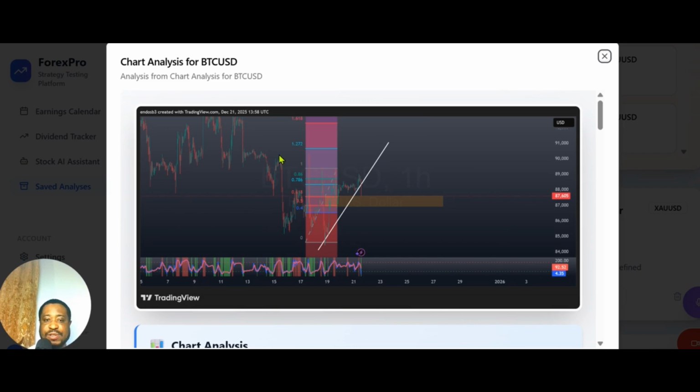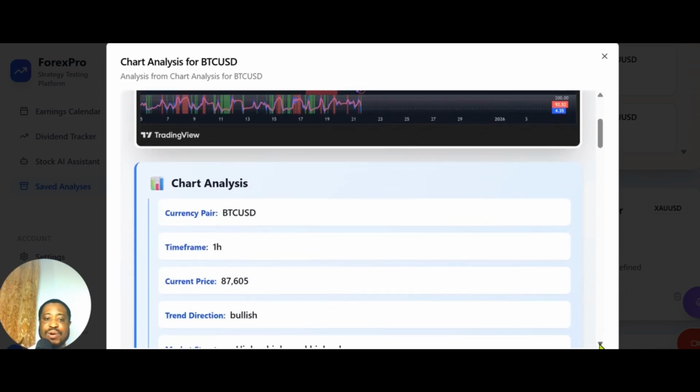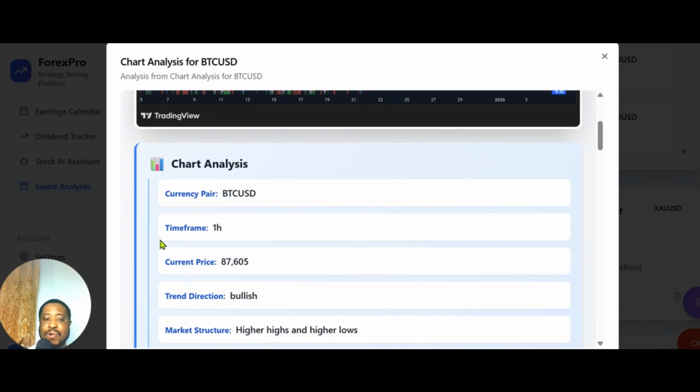All right, so this was the chart that we gave to the app, and it processed it and gave us a signal. So it was on a 1 hour time frame chart, and the currency pair was Bitcoin, and the current price that was given to us was 87,605, and the trend direction was bullish according to the analysis of the AI.